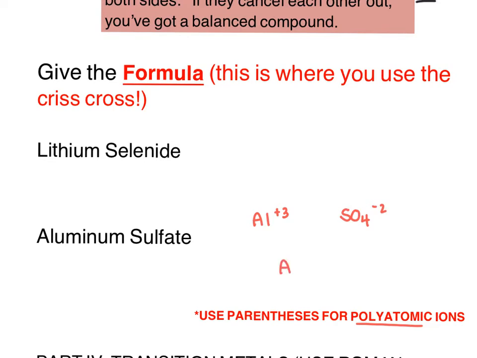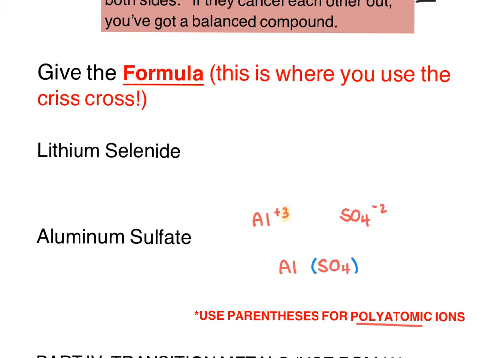Again, I like to write down my skeleton before I do any crisscrossing. Now, I am dealing with a polyatomic, so that means I have to have parentheses because I will never change the subscript on my polyatomic.